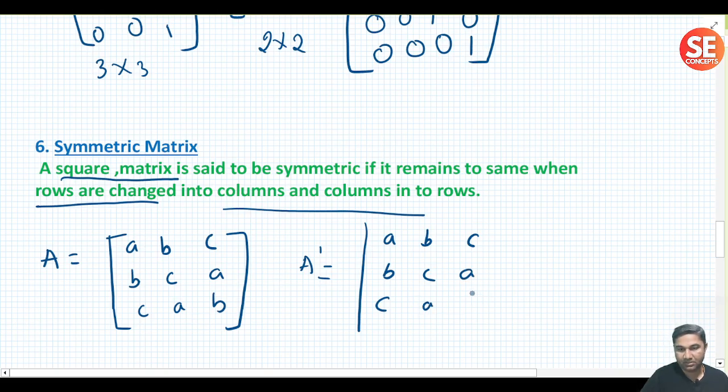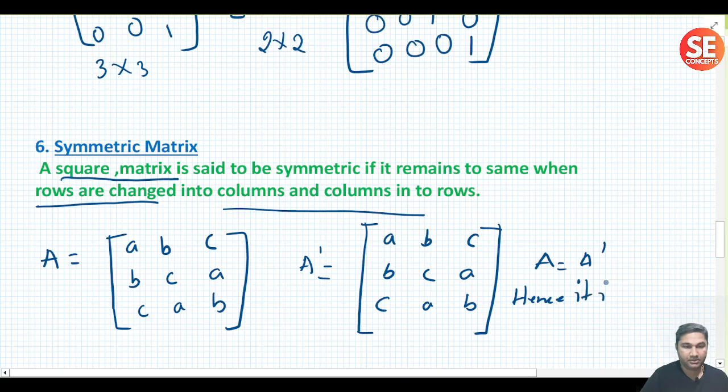So if you see, I change row to column and column to row, but both are the same. Even if you change that, you get the same result. You can say A is equal to A dash, hence it is symmetric.